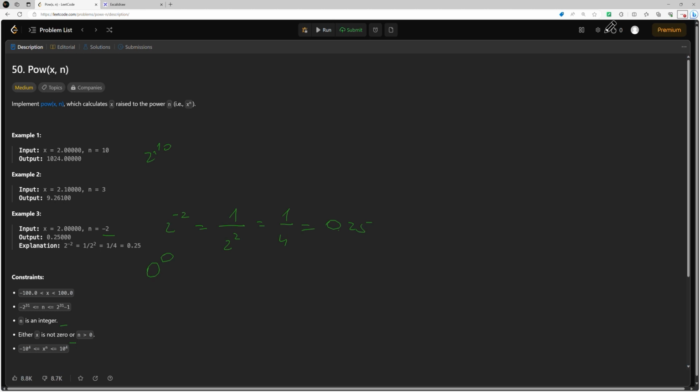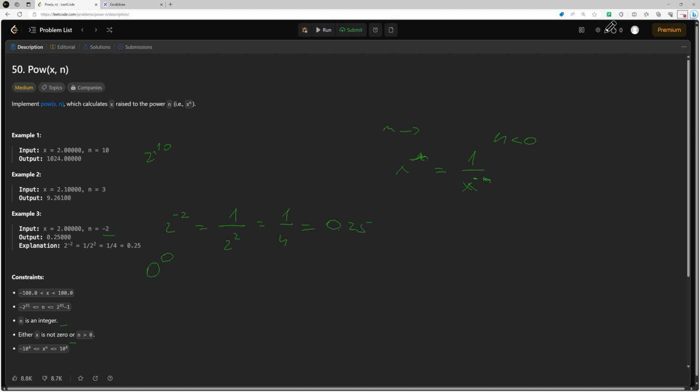Now, the first thing that we have already gone through is that if we have a negative power, we can just convert it to the positive power. Any number with a negative power, where n is smaller than 0, is basically the same as 1 divided by that same power with minus n.